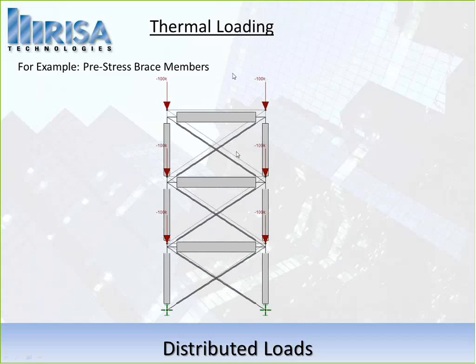But when we run that model and I show you the deflected shape, the compressive forces in the columns are actually pushing right into the beams, and those braces are experiencing compression, and they are tension-only members. So the way we can work around that is to pre-stress them so that they don't actually get removed right from the model from the start as the compressive force gets applied.